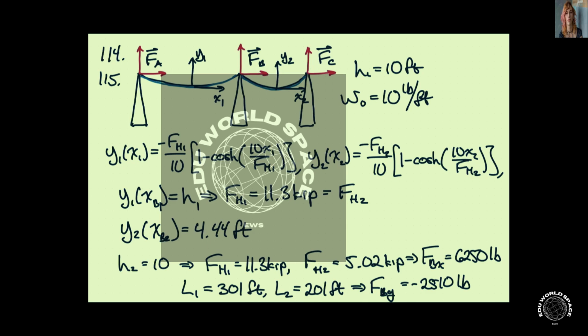So now we have 502 feet of cable that weighs this much, and we take half of it because only the weight of this section and this section are carried by this, and that turns out to be minus 2,510 pounds.